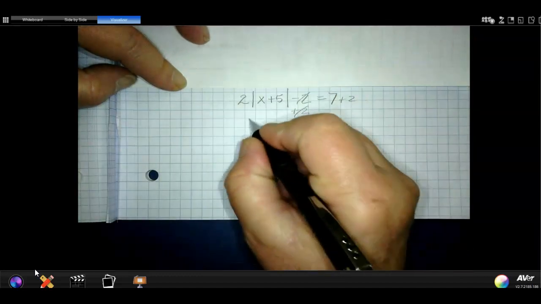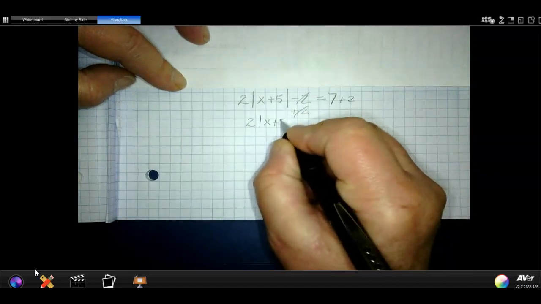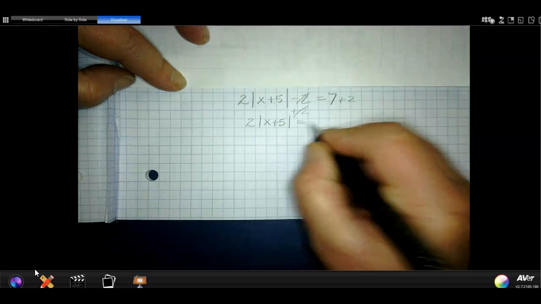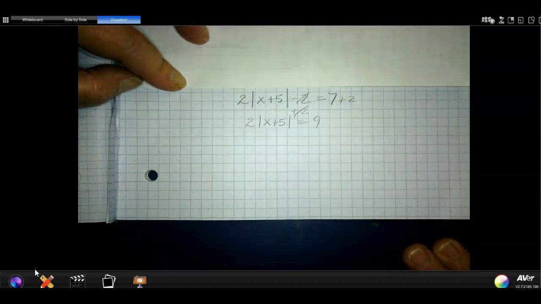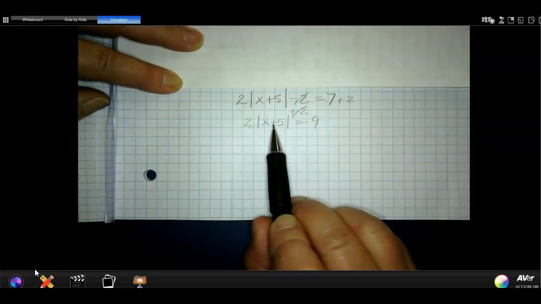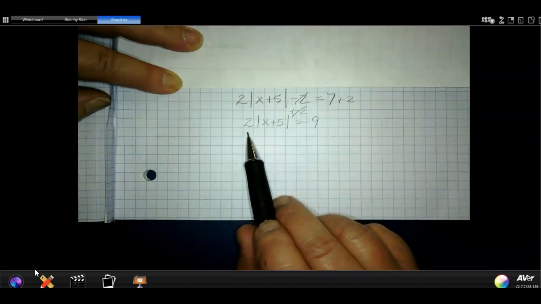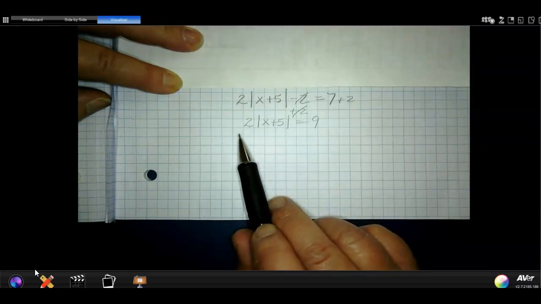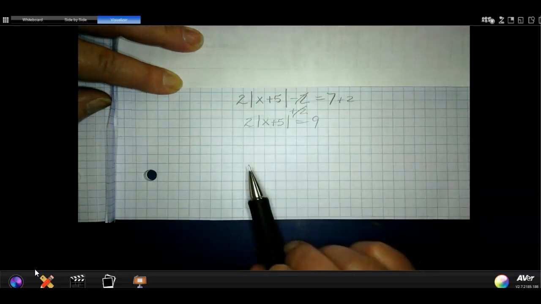So that's going to give me 2 times the absolute value of x plus 5 equals 7 plus 2 is 9. Okay? So now you can see that I have a 2 multiplying this absolute value of x plus 5. Technically, you can get the same answer if you distribute the multiplication.